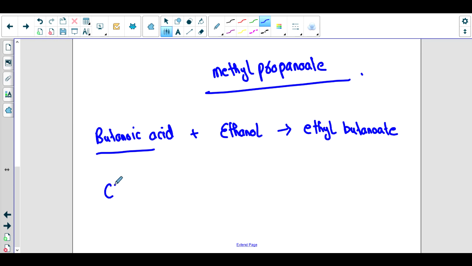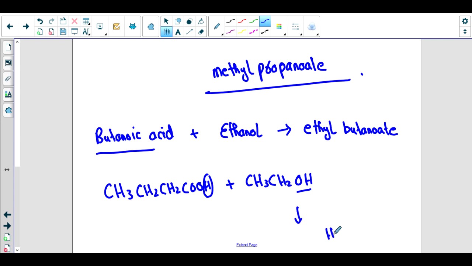If you want to draw it, how can you do it? It's four carbons, same thing: CH3, CH2, CH2, C double bond O, OH. You can put this in brackets also, like CH2 twice. And you have here CH3CH2OH. So what happens? This hydrogen and this OH combine and give you water.